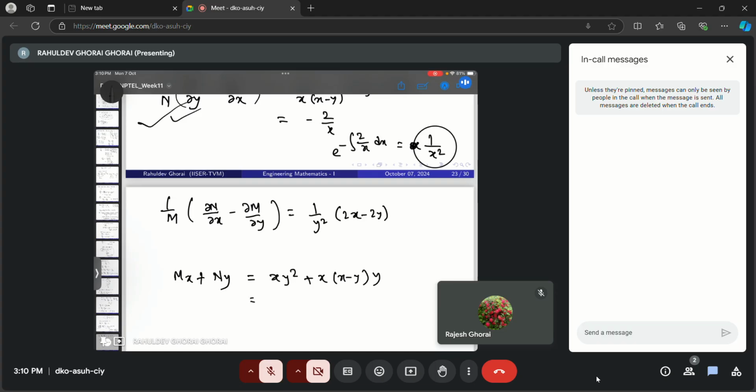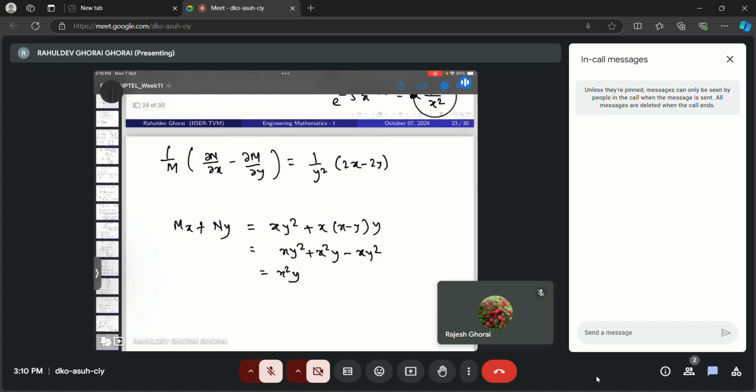So what will this be? x y squared plus x squared y minus x y squared, which is nothing but x squared y. So 1 over Mx plus Ny will also be an integrating factor, meaning 1 over x squared y.